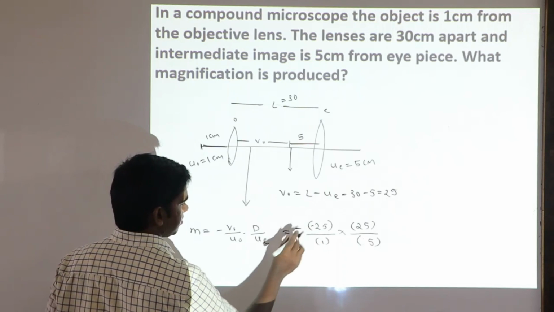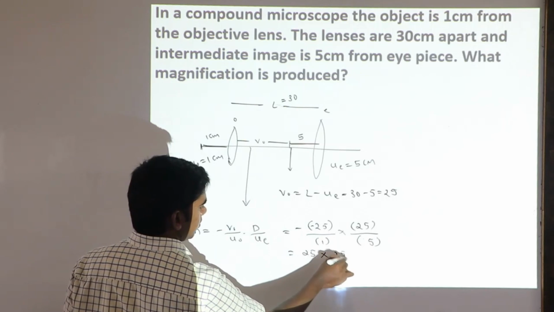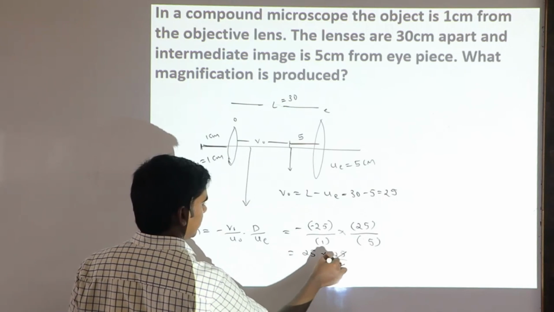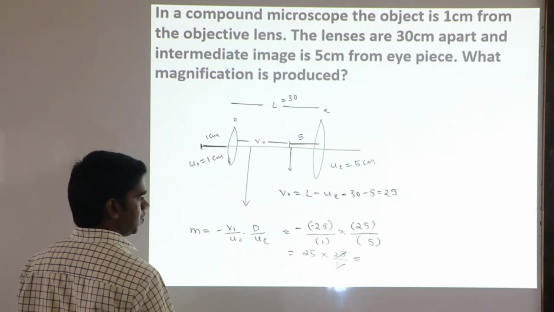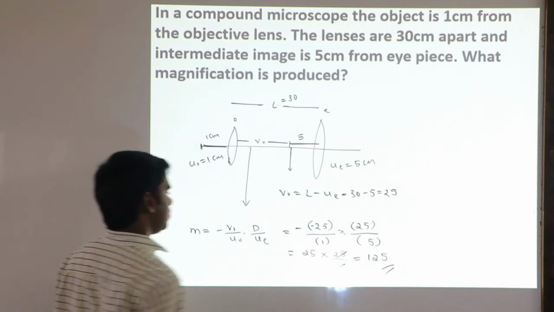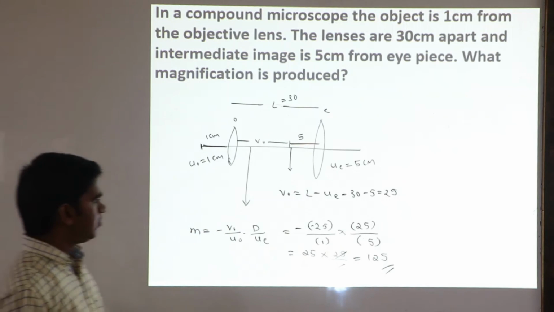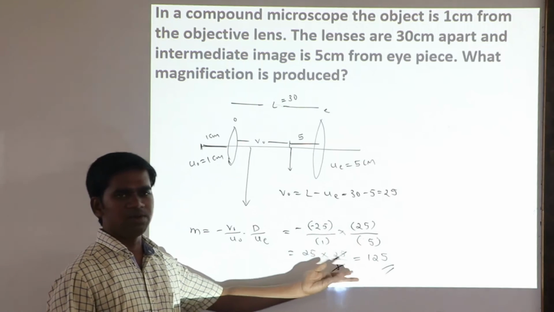If you take this as minus, it will become plus. So 25 into 25 divided by 5, this 5 will go, so what remains is 125. So this is the magnifying power for the compound microscope. If you do not consider sign conventions, you will get negative also, no problem.